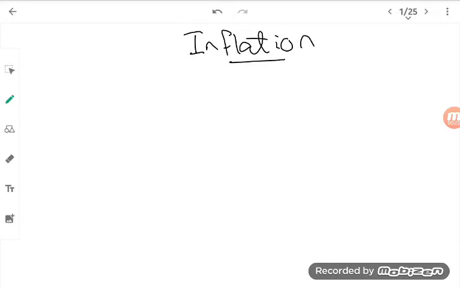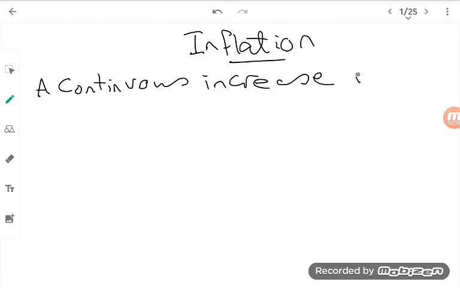What's meant by inflation? Inflation means a continuous increase in the general price level.